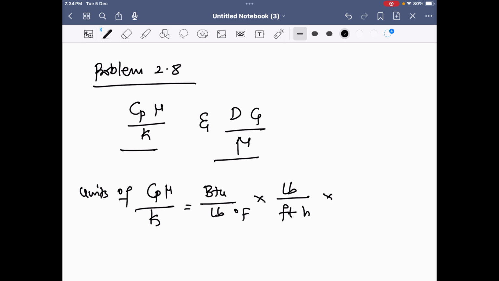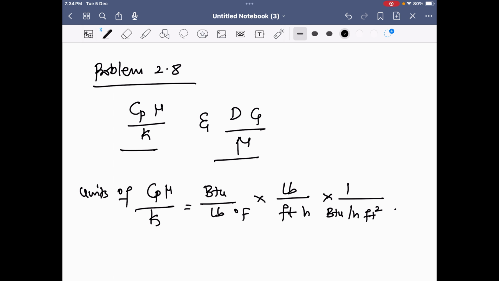As I told, in the simplified form, if you write down the units of K, in the problem statement the unit of K is given as 1 divided by, I will write 1 divided by, BTU per hour per foot square.